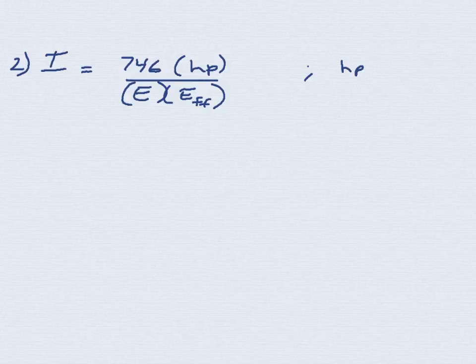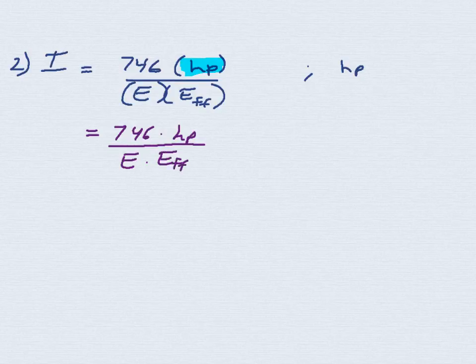Right away we're going to isolate HP. To do that, we need to get rid of the fact that it's divided by the E and the EFF. So if you write down the original question, HP is in brackets because it's 2 letters, but it's only one concept, one idea.